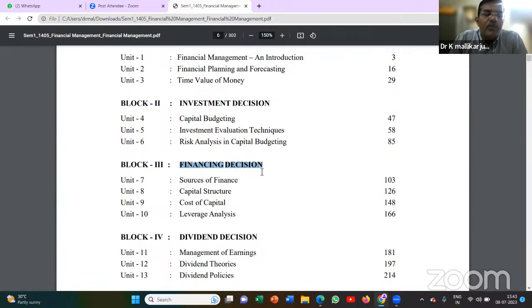Then the next unit talks about capital structure. How much equity is there in the balance sheet? How much debt is there? Is the company risky or not? What is the stake of the promoters? We will see this in the company balance sheet.